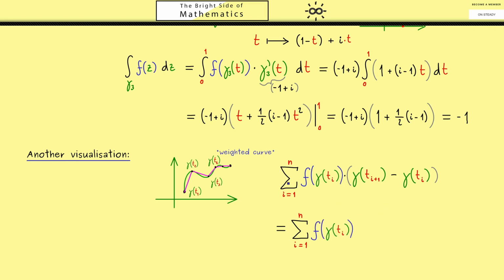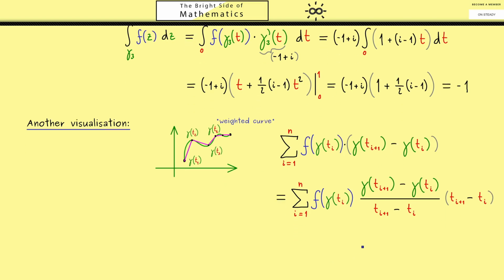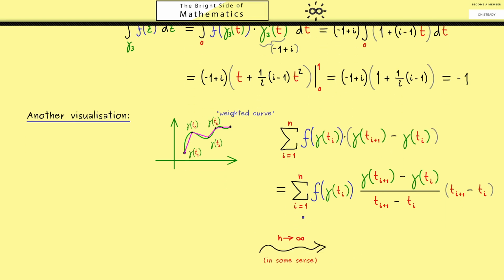However, for getting a Riemann integral, the difference of t_(i+1) and t_i has to be included. And of course, we can just do this by dividing and multiplying by this term. So you see, we didn't change anything here, but now this expression looks like a normal approximation for a Riemann integral. Therefore, in a rough sense, in the limit process, we will get a Riemann integral.